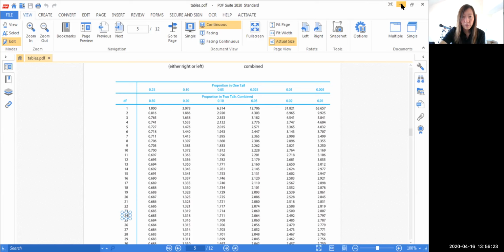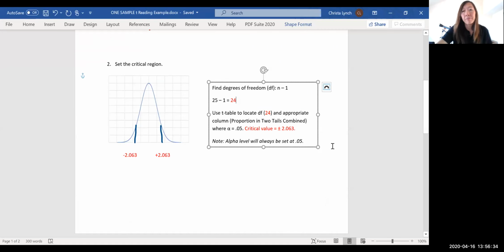Sorry about all this back and forth. My critical value is plus or minus 2.064. The t-statistic that corresponds with my mean has to fall above 2.064 or below negative 2.064.